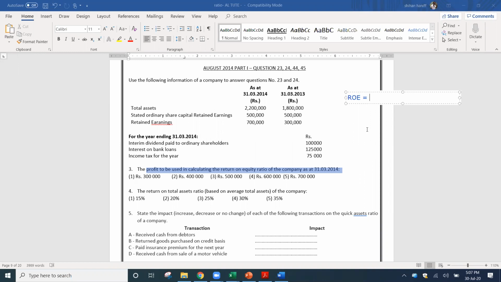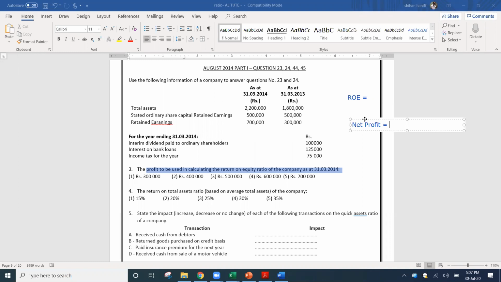Return on equity means the return belongs to equity shareholders. So how much belongs to equity shareholders? If you calculate the net profit, it is equal to what?